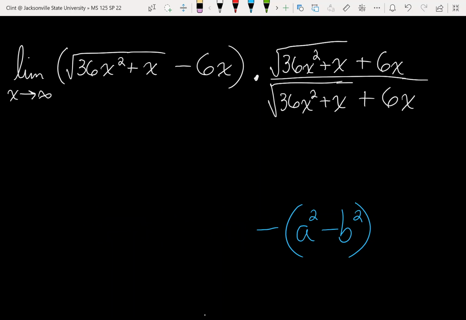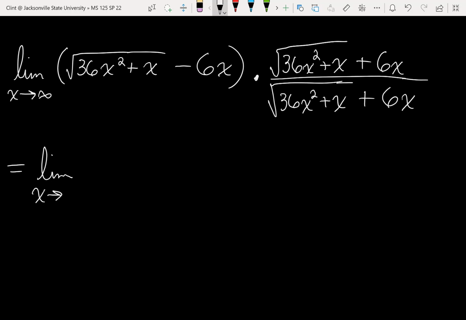So on the top, we square the first term. Our first term is that square root. So when we square the square root, what happens? The square goes away. Yeah, it cancels out. So we just get what's underneath. We get 36x squared plus x, and then minus the second term squared, so minus 6x squared.